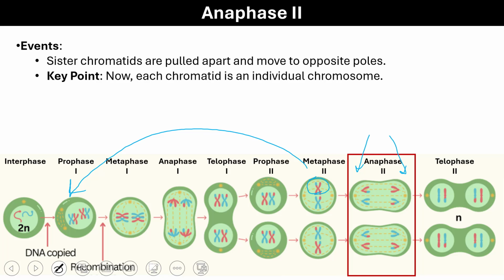But you would see that despite being duplicates of each other, they are not identical. They are not identical because one of the sister chromatids underwent crossing over with the homologous chromosome, whereas the other sister chromatid did not undergo the homologous recombination.